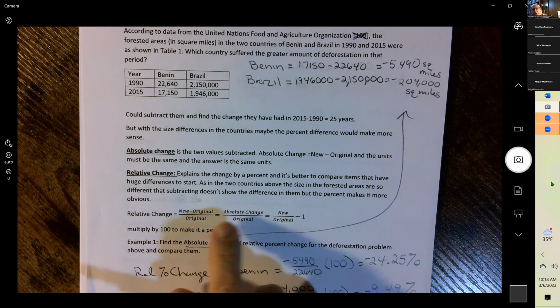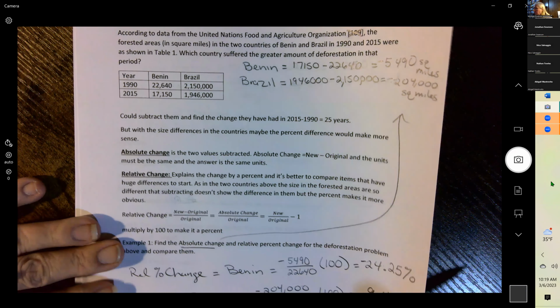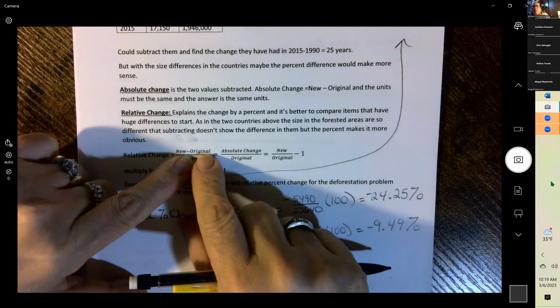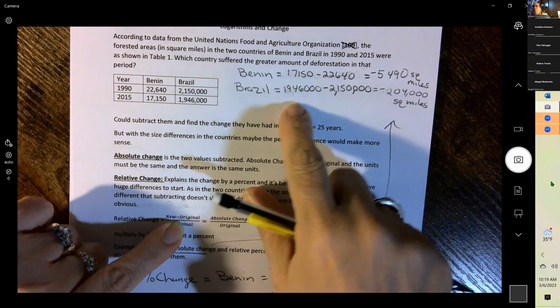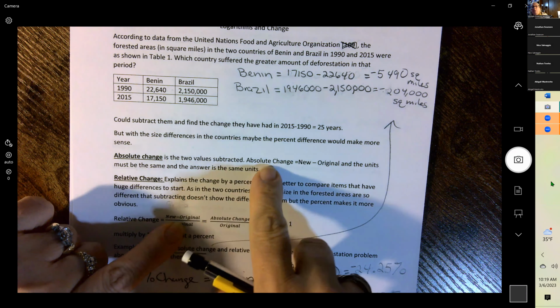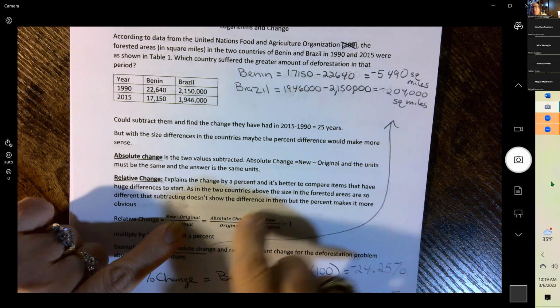Any one of these 3 will work. Oh, they're all different? Yeah, new minus original is the absolute change, because your absolute change is new minus original. So instead of that, you could say that.